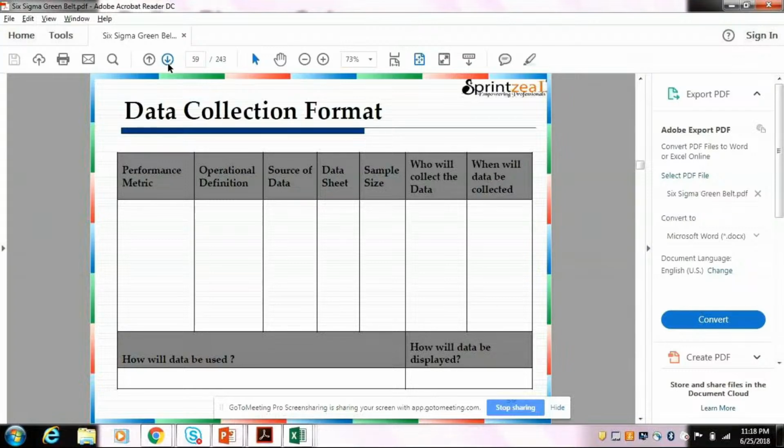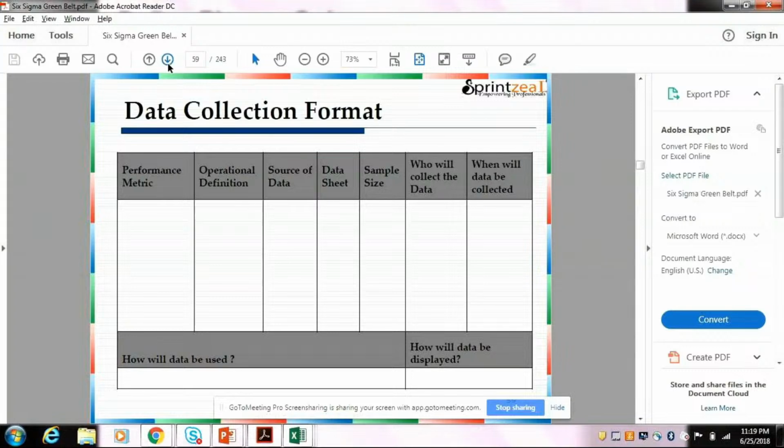So it is very important for us to collect the historical data on the performance, all the related conditions, on the project Y or on the various Xs which might be impacting the project Y. In the measure phase, we would primarily collect data on the project Y because we want to see what the data looks like, and whether the data is telling us what we think the problem is or not.